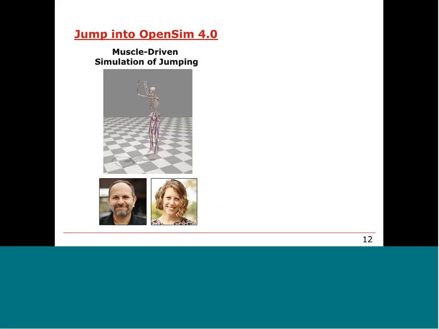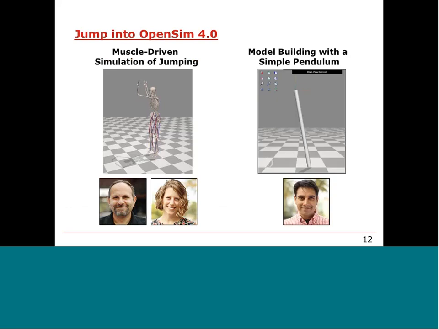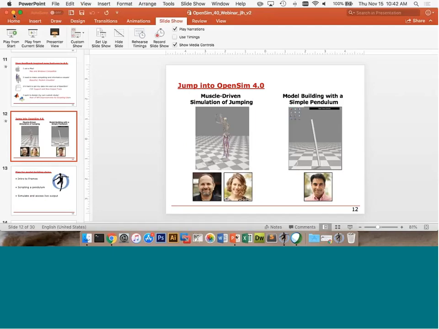So Ayman and I will together demo the new visualizer and the new capabilities for analyzing simulation results, so using those new outputs. And then AJ will show how we can use new components and API features to build, edit, and analyze a simple model in the GUI. So with that, I will bring up OpenSim, and Ayman will start our demo.